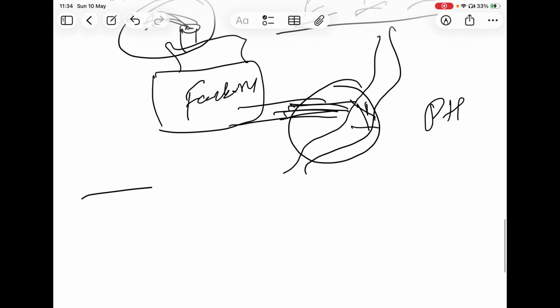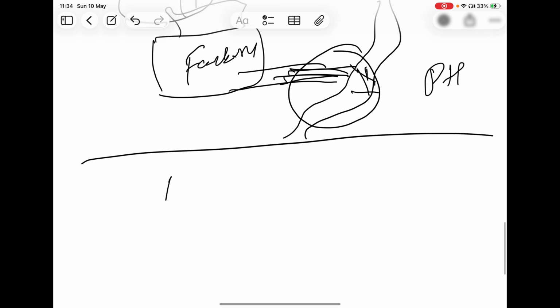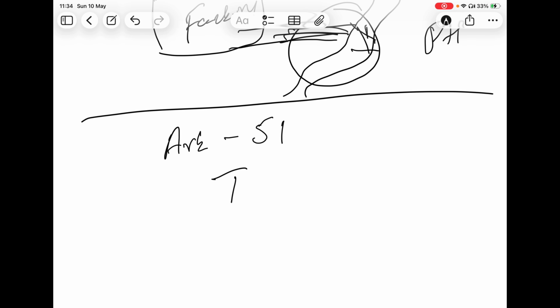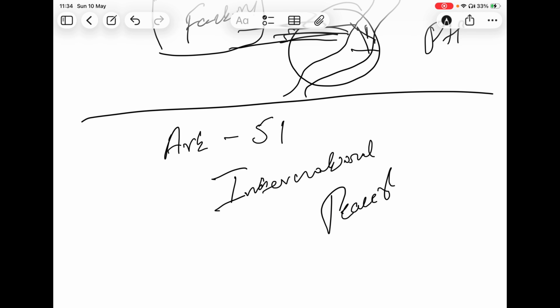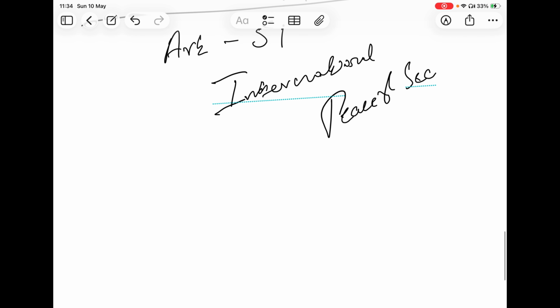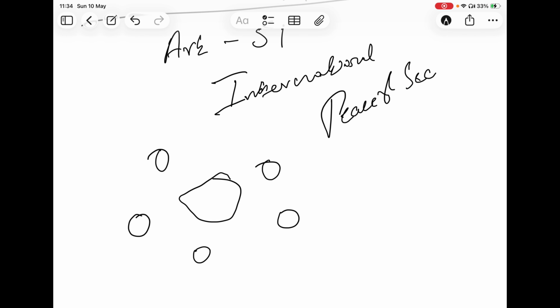Let's go to the last one, which is Article 51. This talks about international peace and security. The article encourages India to maintain peaceful relations with other countries.